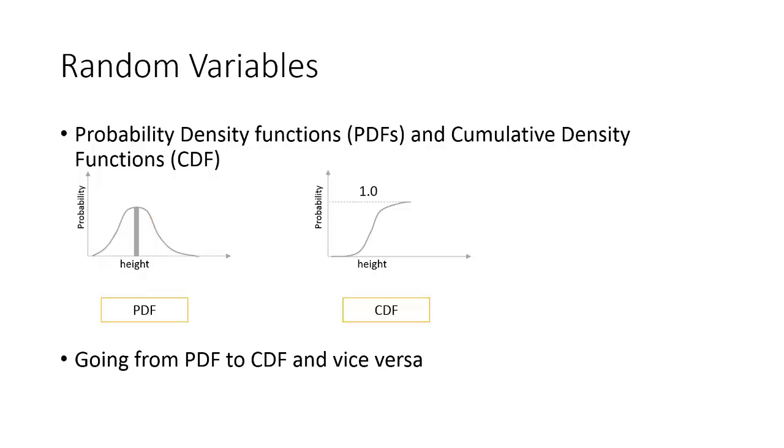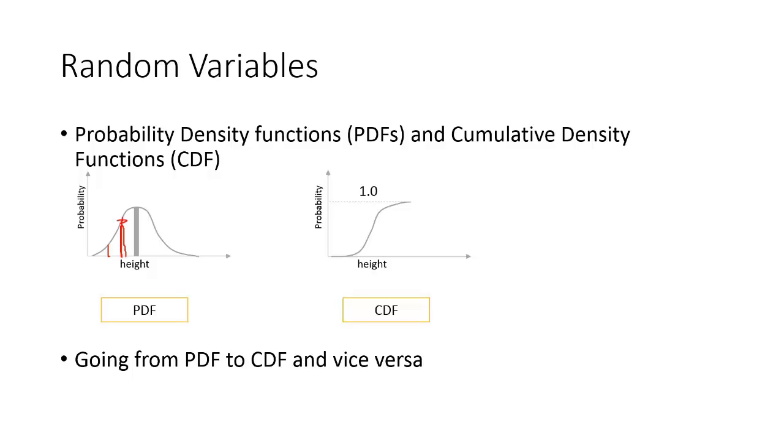But the idea behind PDFs to CDF is that the CDF describes the cumulative probability up to a certain point. So if I were to ask the question, what is the probability within this area, you could answer it for me by looking at the area under the curve. If I asked you the probability density function at this given point, you can use the function to figure out what this value is, but the probability itself is 0.